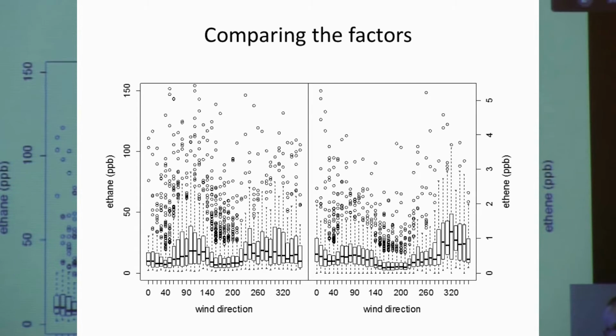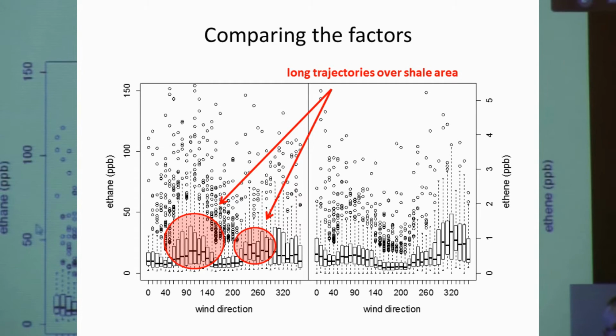So these wind directions are dominated by air masses that have crossed the shale area. Then the obvious thing you see is that the medians of factor 1, which is the oil and gas factor, are elevated when the air was coming at angles over the shale area which maximize the time that the air mass spends in the area where we have oil and natural gas extraction.